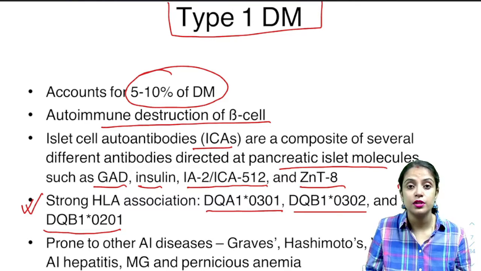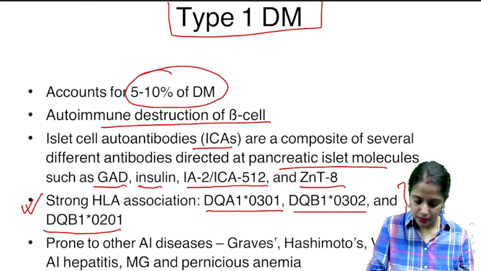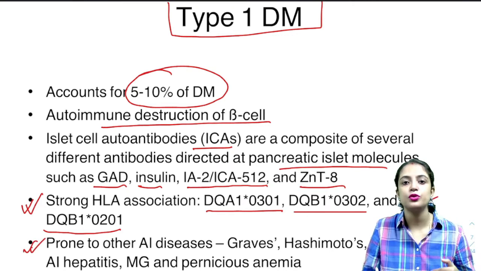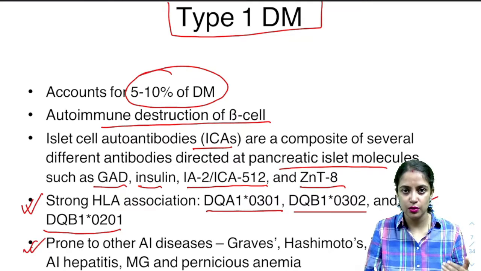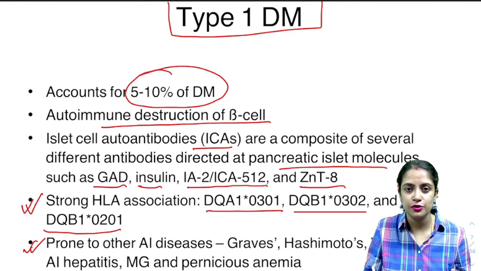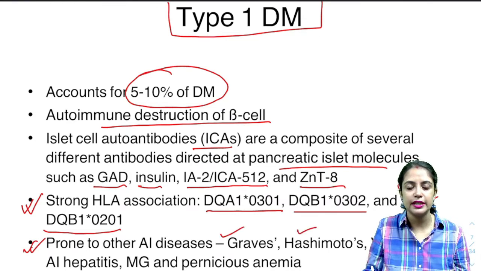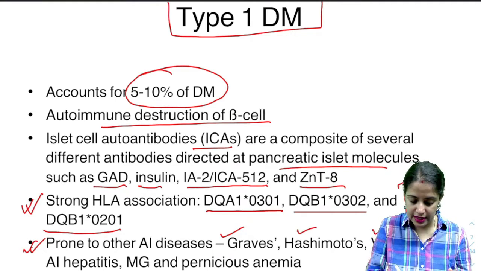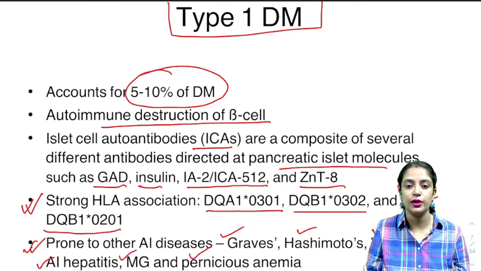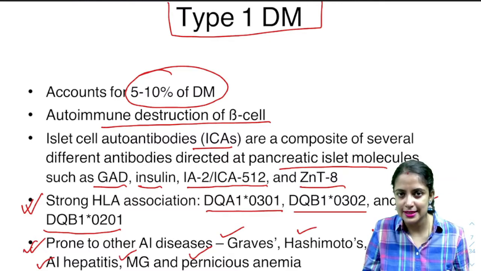These are important for competitive exams or MCQ purposes, so please try to remember this HLA association. Since type 1 diabetes is an autoimmune process, patients are prone to develop other autoimmune diseases as well, for example Graves' disease, Hashimoto's thyroiditis, vitiligo, Crohn's disease, autoimmune hepatitis, myasthenia gravis, and pernicious anemia, in their lifetime.